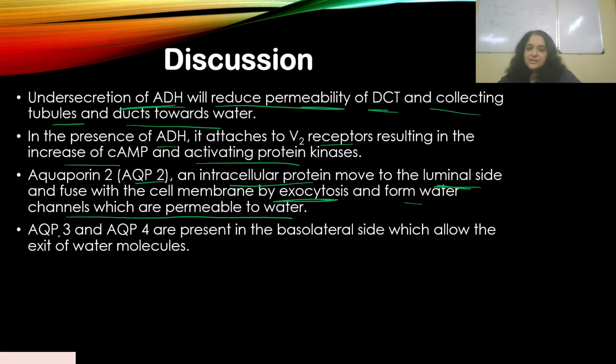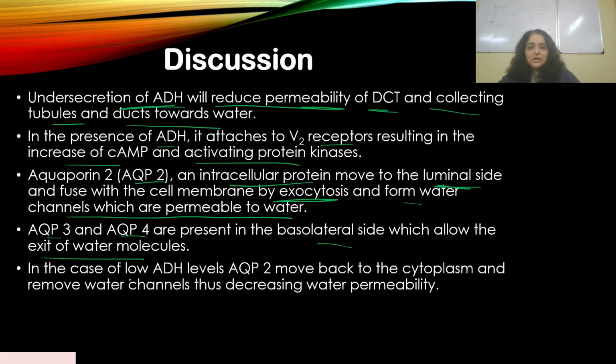Now, as I said, AQP3 and AQP4 are present in the basolateral side, which allow the exit of water molecules. Now, in the case of low ADH levels, AQP2, that's aquaporin 2, moves back to the cytoplasm and removes the water channels.